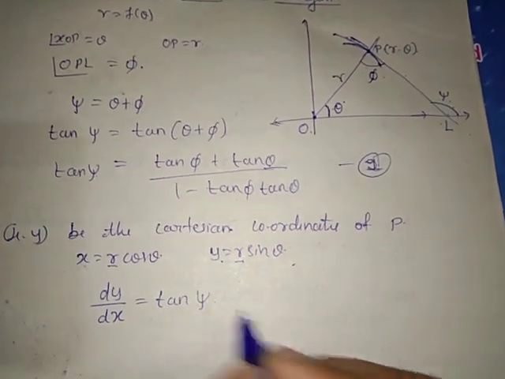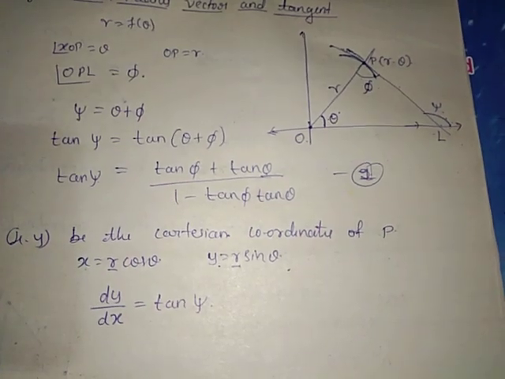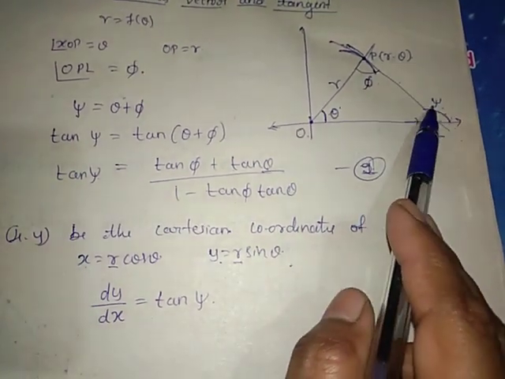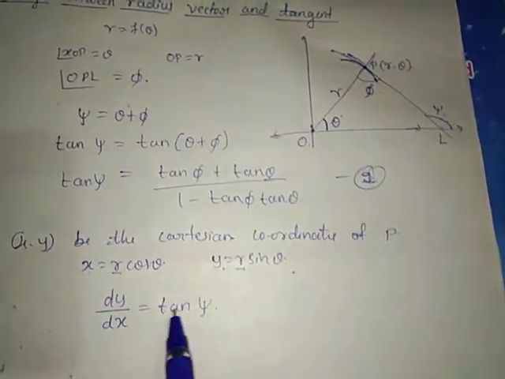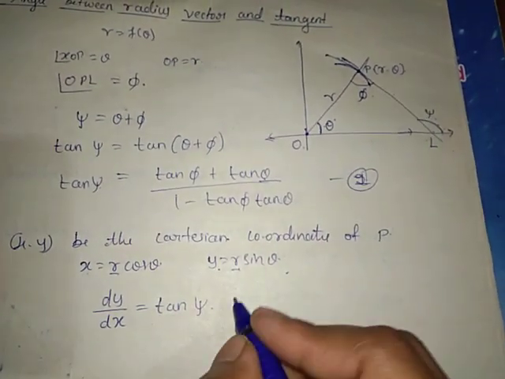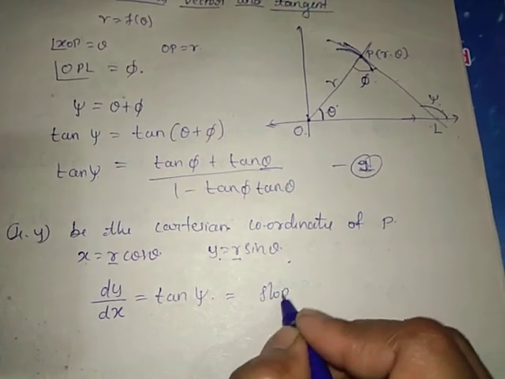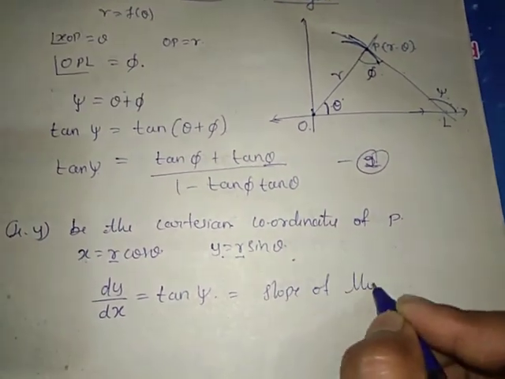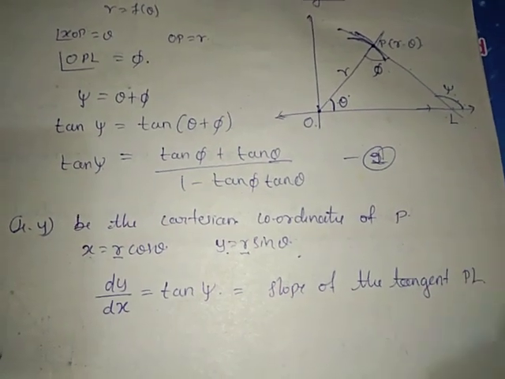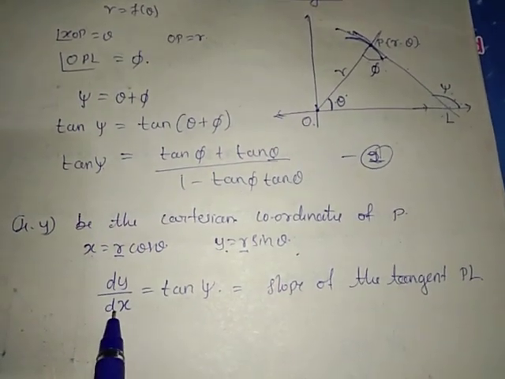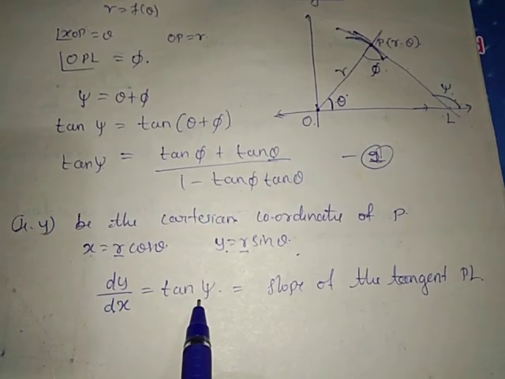Tan xi is nothing but the slope of the tangent PL, equal to dy by dx.